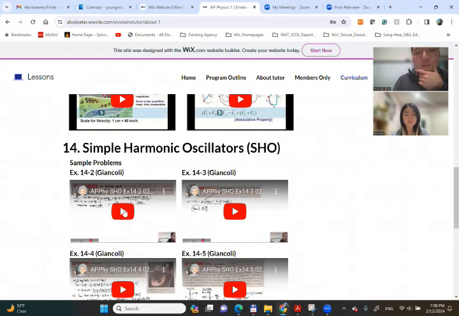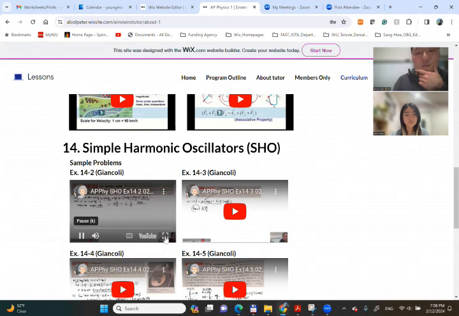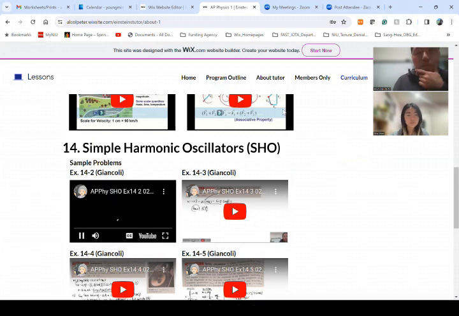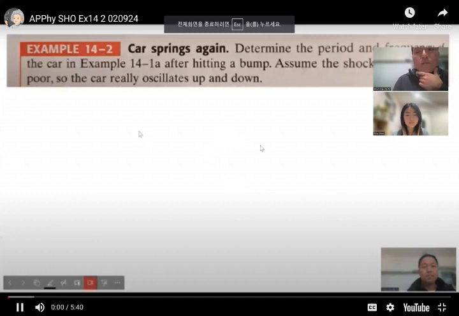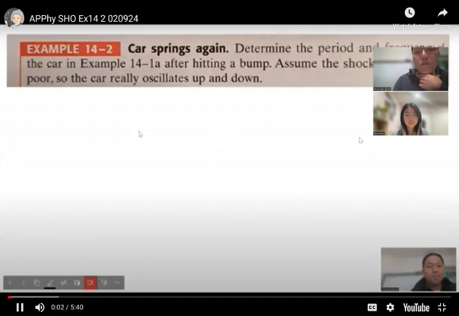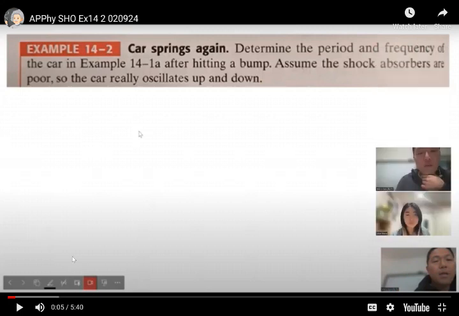The first one. Example 14. Do you see my screen? I want to double check. Yeah. Okay. So hold on a second. All right. Just tell me if you have trouble seeing this screen.